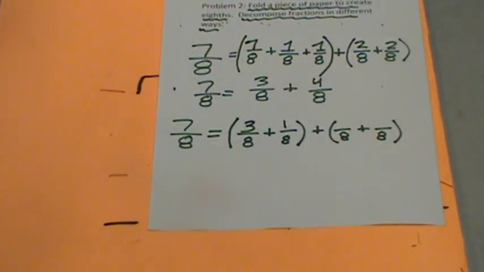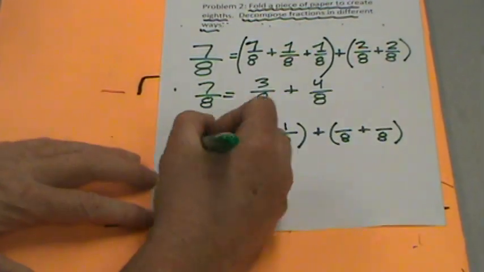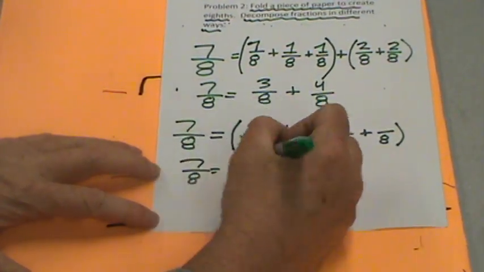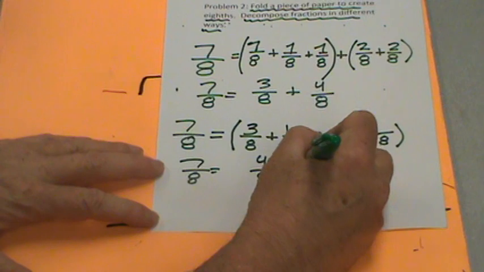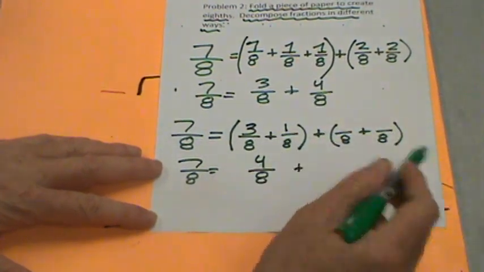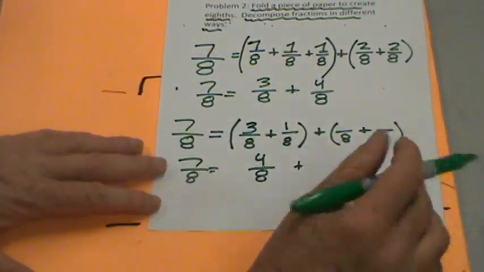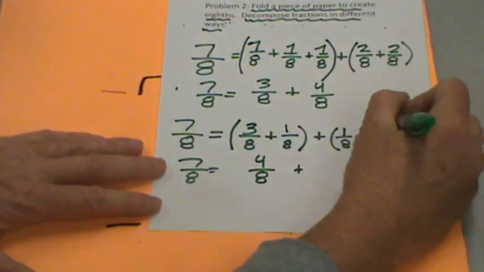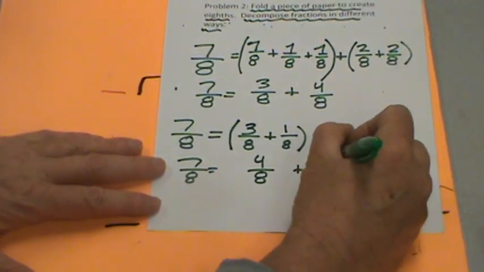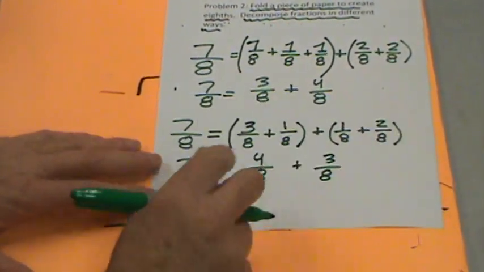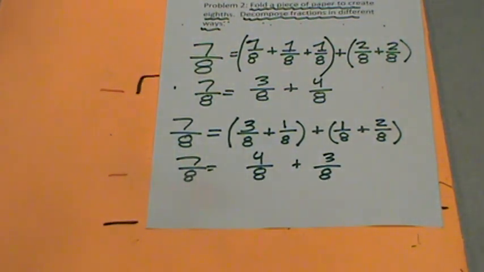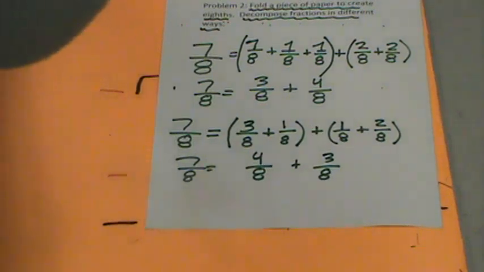So what's 3/8 plus 1/8? That would equal 4/8. And what can we put over here? Well, I'm still 3 away from 7. What equals 3? Couldn't we just go 1/8 plus 2/8? Yeah, we could. So it'd be 4/8 plus 3/8 does indeed equal 7/8. All right?